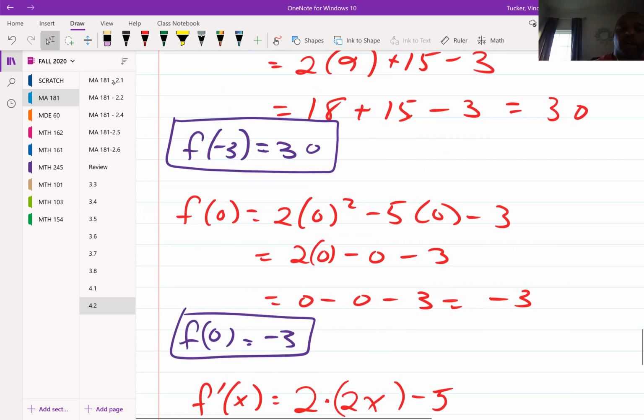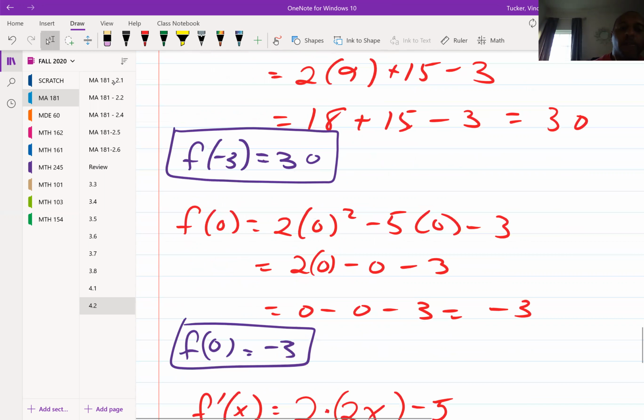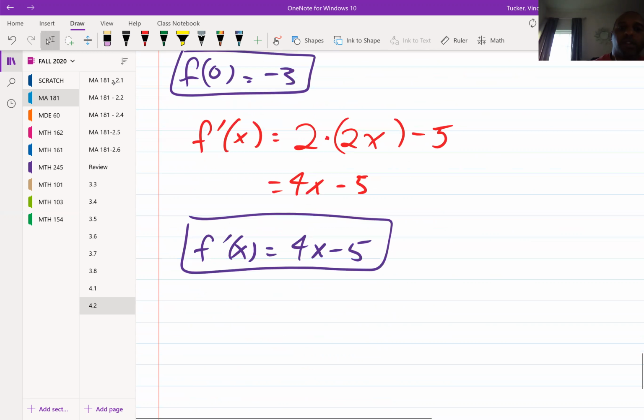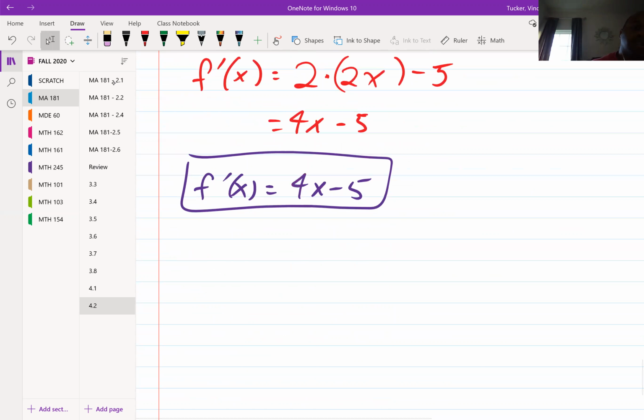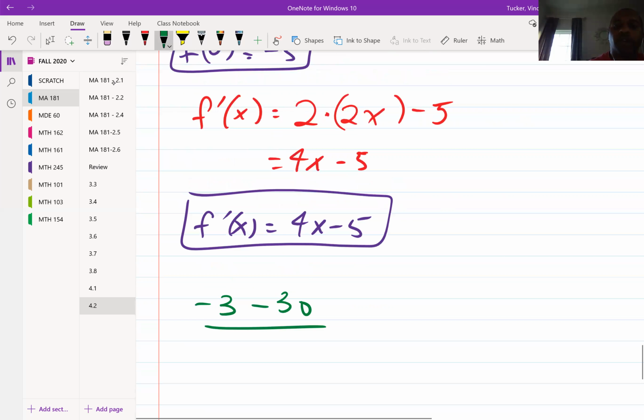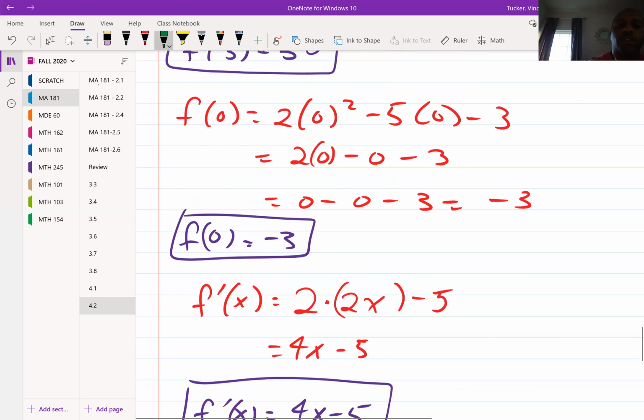So we go back to B. F of B is equal to -3. F of A is equal to 30. And then we had -3 and 0.